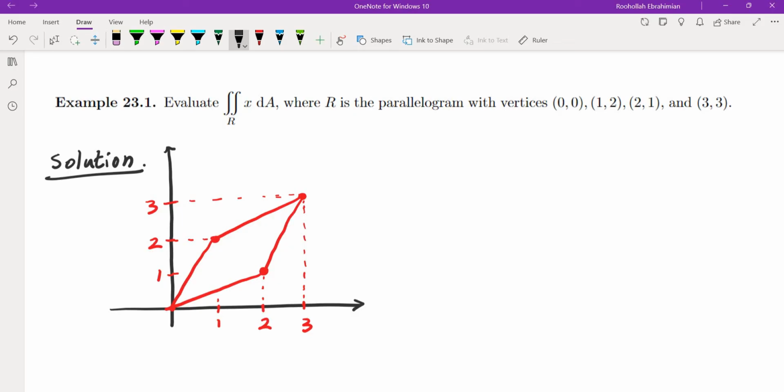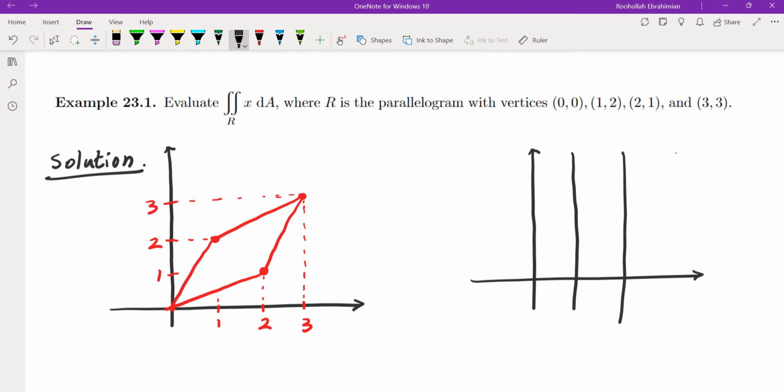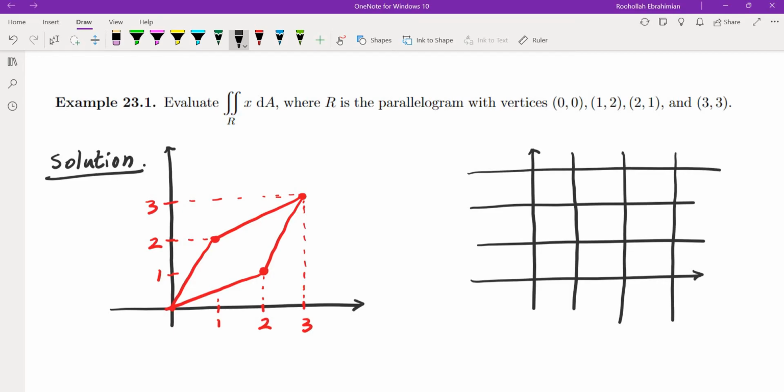So what does that mean and how do we achieve that? Well, the usual graphing paper has x equals constant, which are our vertical lines, and y equals constant, which are our horizontal lines. Those lines would divide this one into three different regions that are vertically simple.